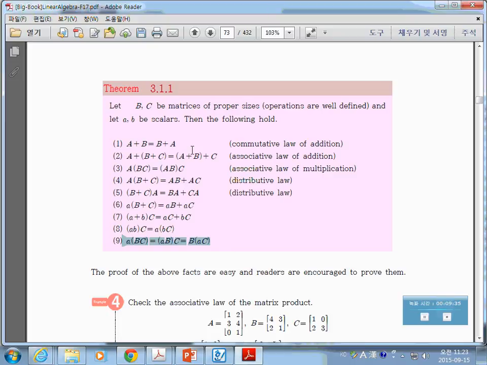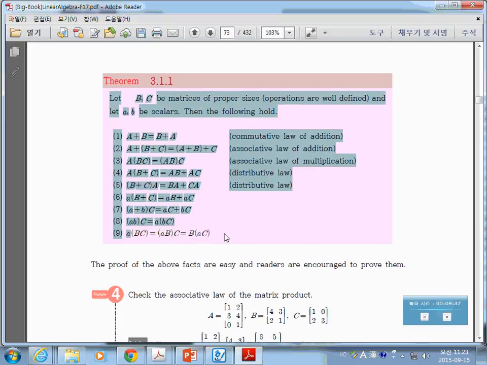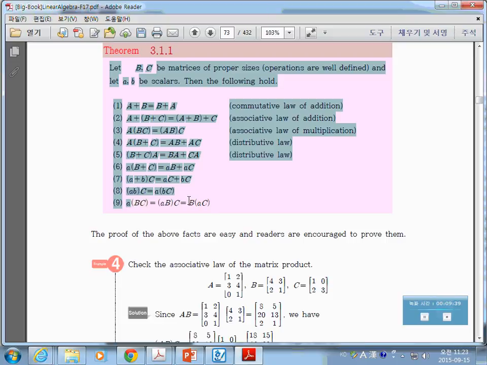Okay, so these are the familiar rules that you already know. It's very easy to compute. All you have to do is check that the ijth entry of the left-hand side is the same as the ijth entry of the right-hand side. That's all you have to do.